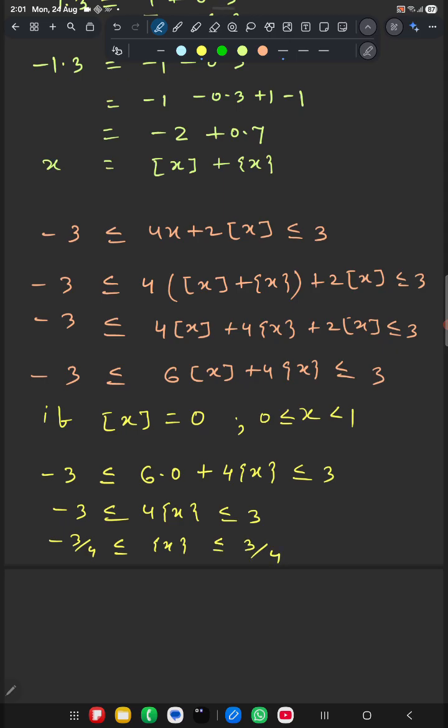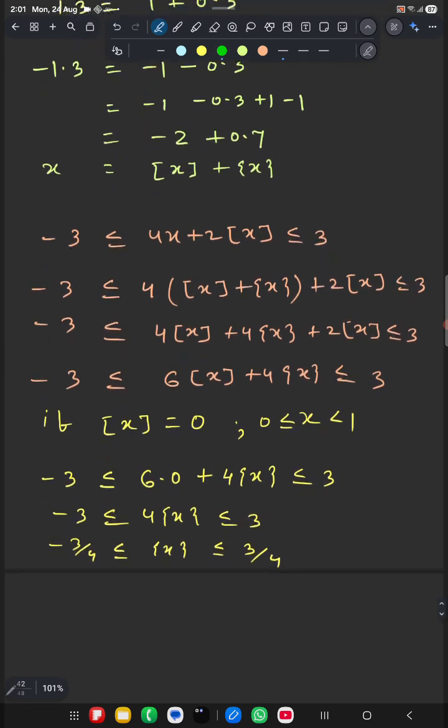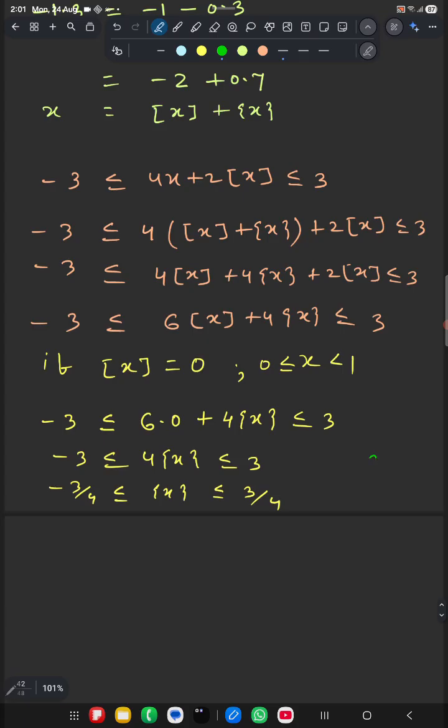But the fractional part of x always has a limitation. What is the limitation for the fractional part? Previously I have shown you that it is greater than or equal to 0 and less than 1. Clear? So for that reason we can limit our range: 0 ≤ {x} ≤ 3/4. Here there is no problem.